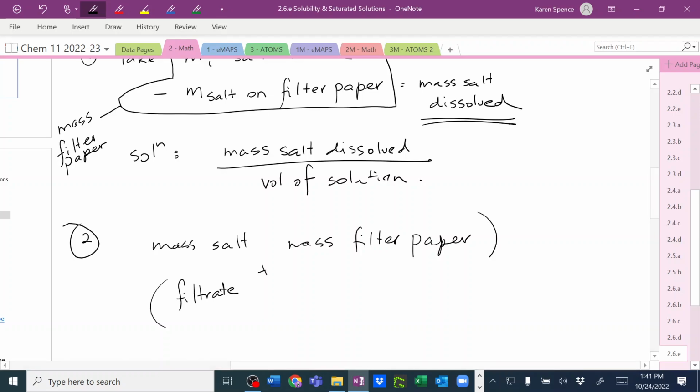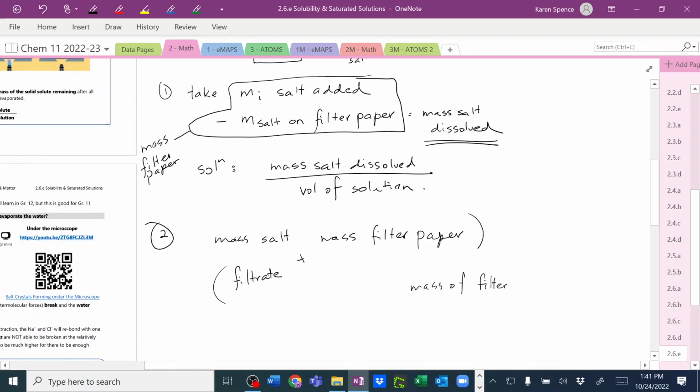Okay, I got lost. I could not follow it, but it sounds the same as your method. It is a bit different, but they are all involving the mass of salt undissolved.